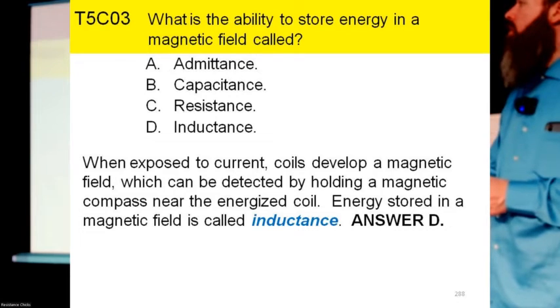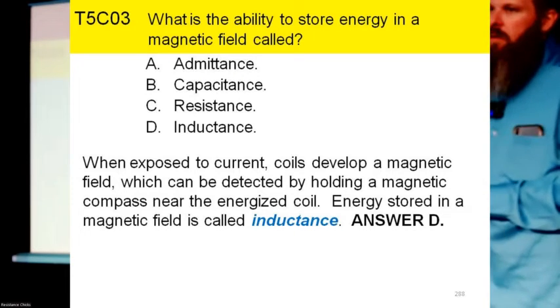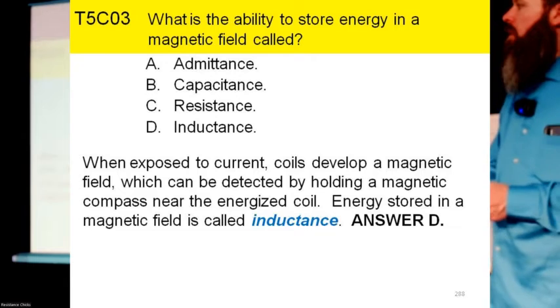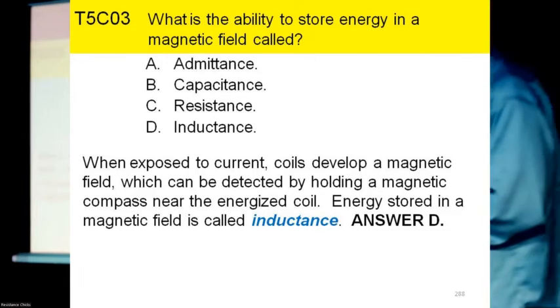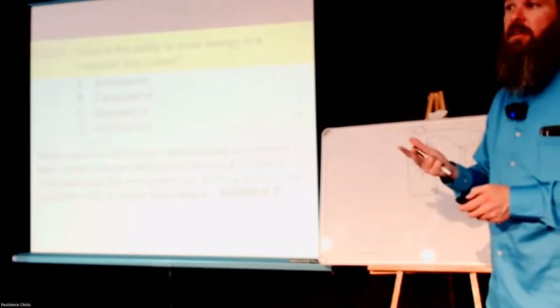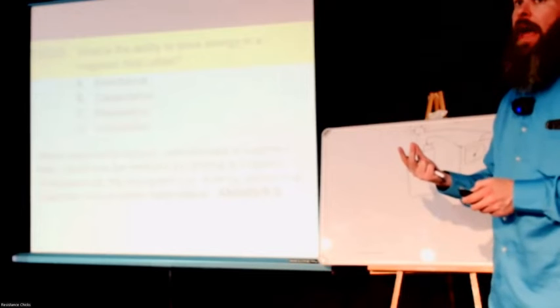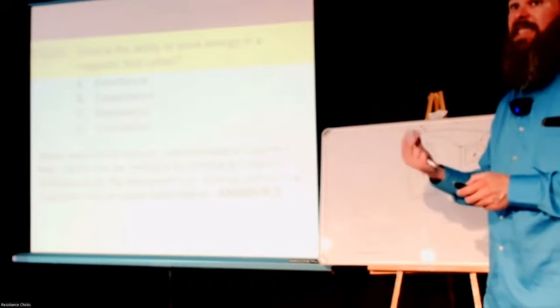What is the ability to store energy in a magnetic field? That is inductance. Okay, we had an inductor, but its ability to store that energy and how much energy it can store is its inductance.